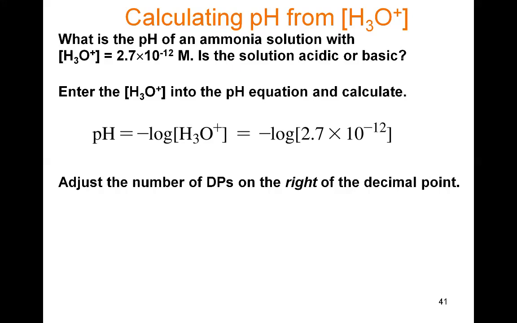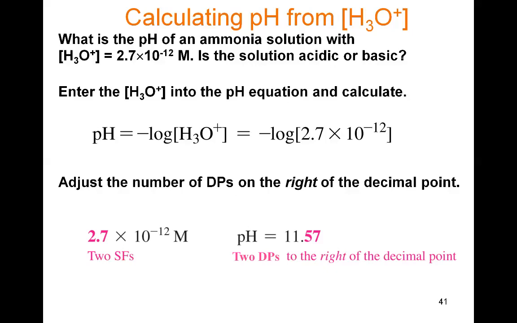Remember that the brackets around H3O+ mean concentration in molarity. Then you plug in the concentration value in the log function, so it's negative log of 2.7 × 10⁻¹².